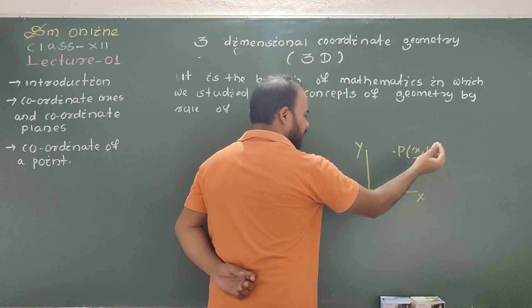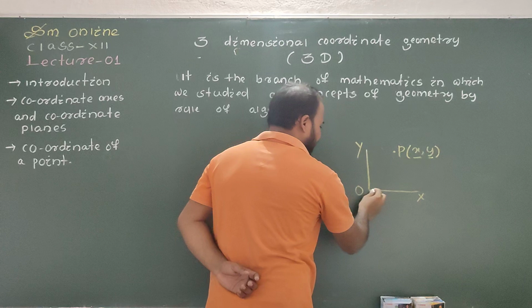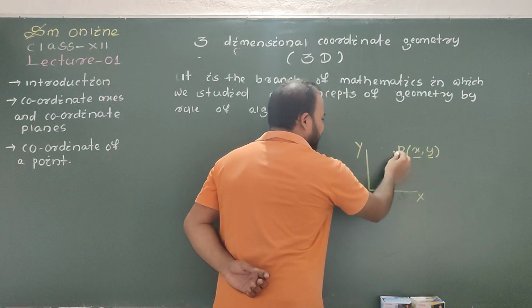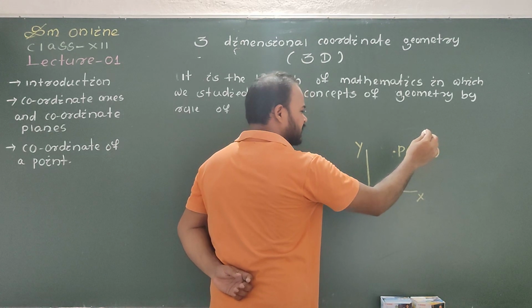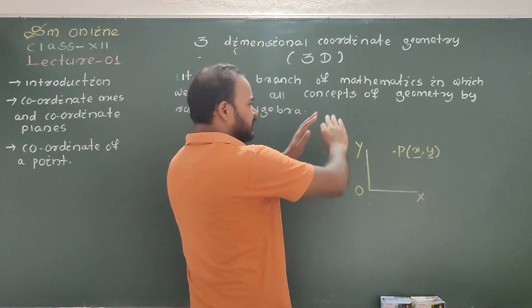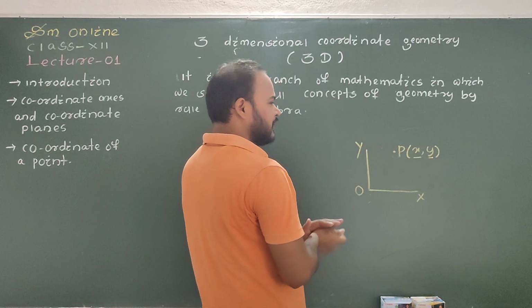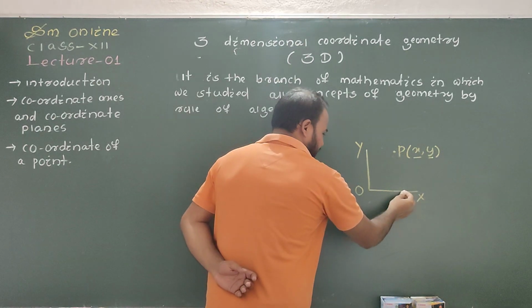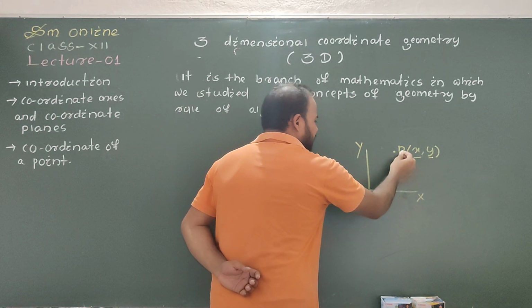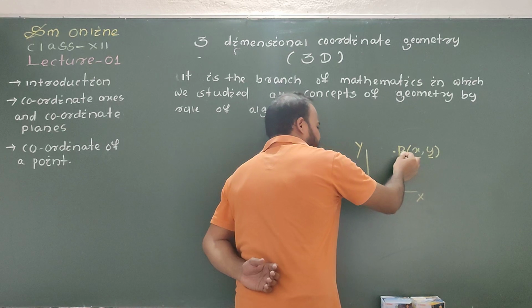Again, if we locate the point P in space, then we need the x axis, y axis and z axis. Try to understand. Two-dimensional geometry is easier to understand. This is the x axis and this is the y axis, so the point P is on a plane, the xy plane.